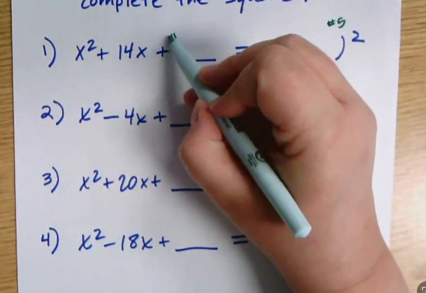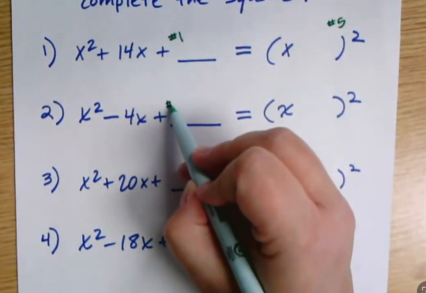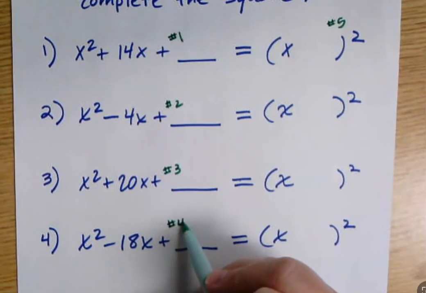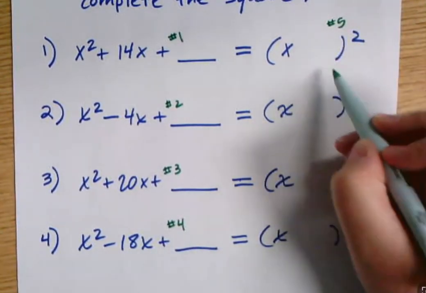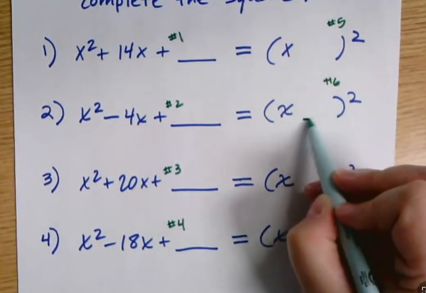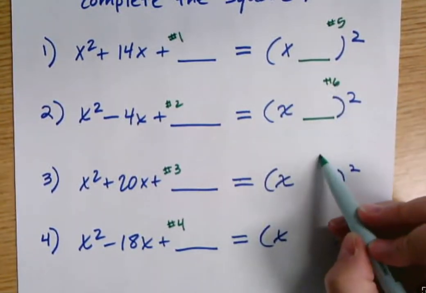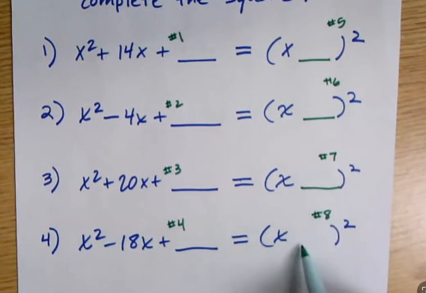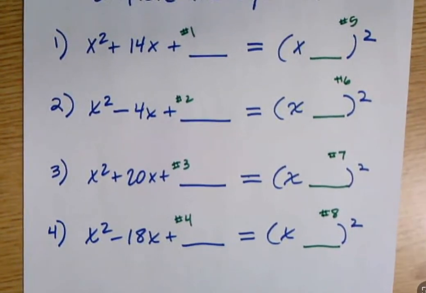So number 1 is here, number 2 is here, number 3 is here on your paper. 5 is what goes here. 6, 7, 8. Okay? Now please hit pause and allow enough time to finish all of those before we go on.